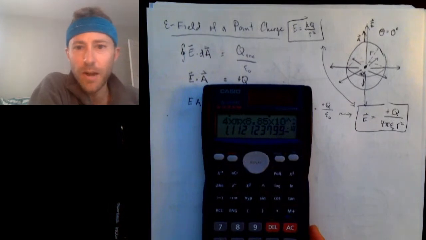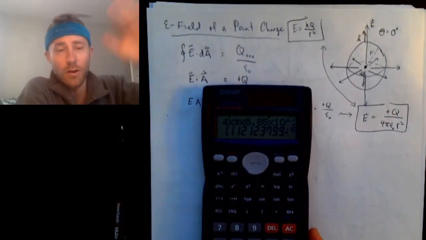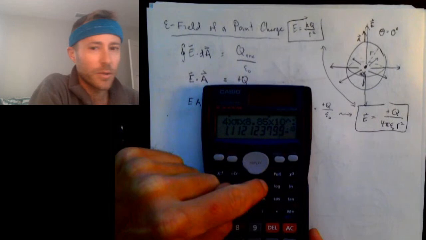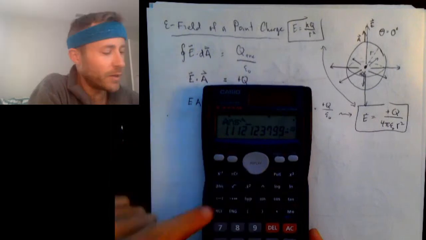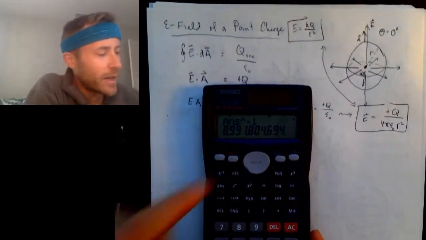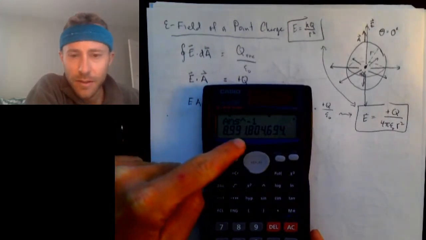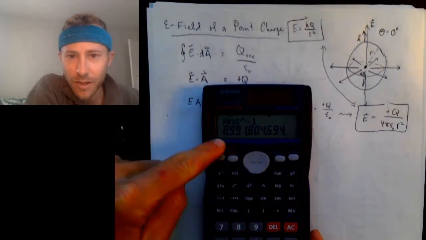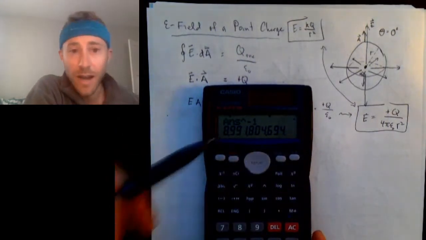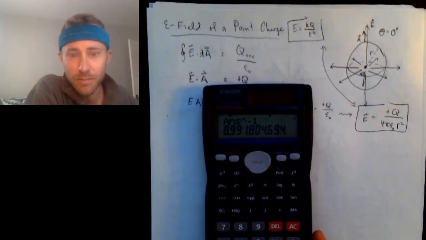So that's 4 pi epsilon naught, but then remember it's 1 over 4 pi epsilon naught, so I'm going to take that and raise it to the negative 1. And we get 8.99, or it's 8,991,000,000, blah, blah, blah. So that is 9 times 10 to the 9th, essentially.